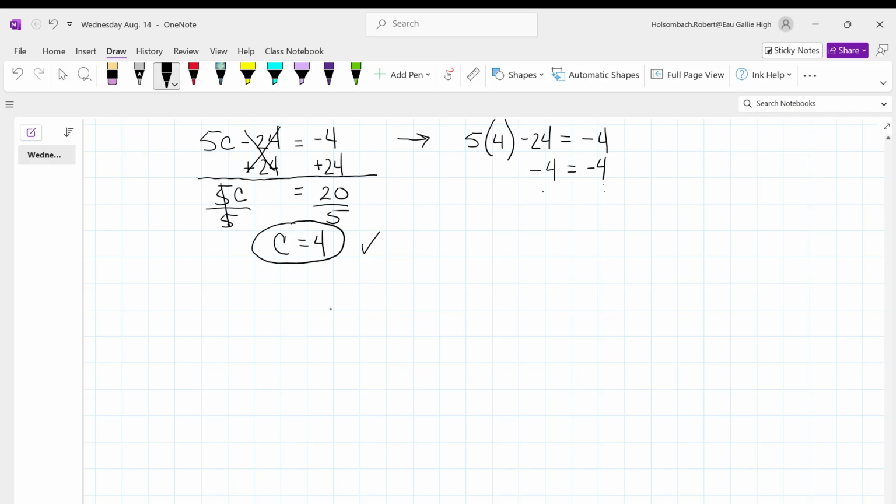Let's take a look at 8 times r plus 2 equal to 64. Distributive property again. We got the 8 times the r plus the 8 times the 2. So 8 times r is 8r plus 16 is equal to 64.